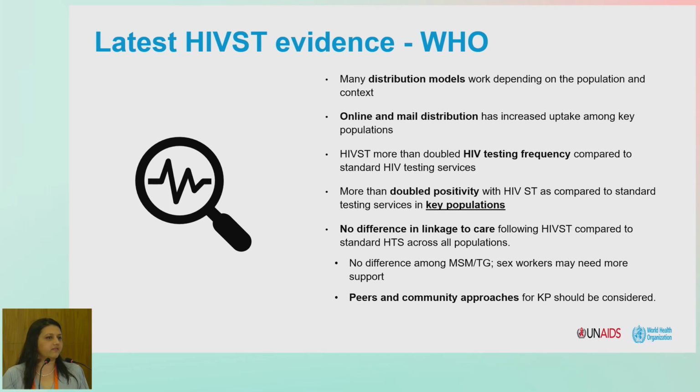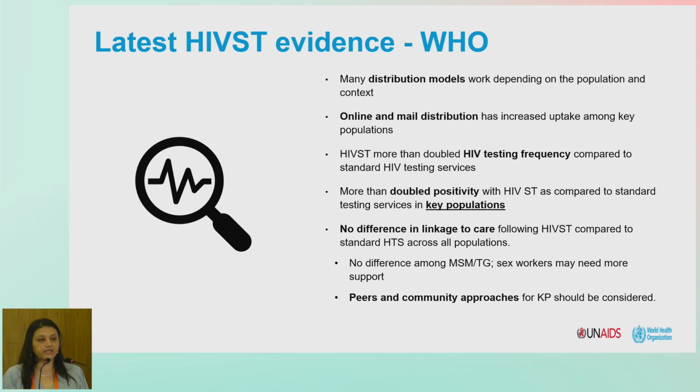Some of the latest HIV self-testing evidence by WHO, we've collected a lot of systematic review evidence, and it says that many distribution models would work depending upon the population that you want to reach and the context that you want to apply it to. Online and mail distribution, which is like virtual interventions where you just online order a kit, works very well and actually doubles the uptake of self-test kits amongst populations.